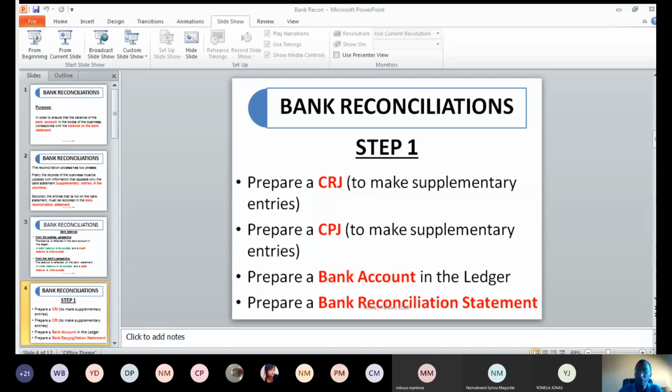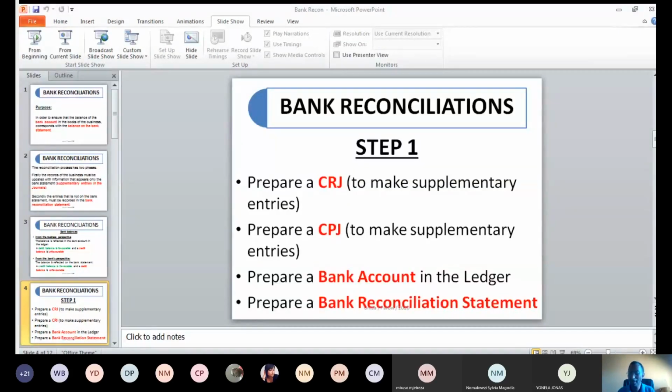If the amounts are not equal, guys, it means that your bank reconciliation statement does not balance. For exam purposes, guys, you don't go back to look for where you've made a mistake. You haven't got time for that, guys. You just leave the question as it is and you move on to the next question.